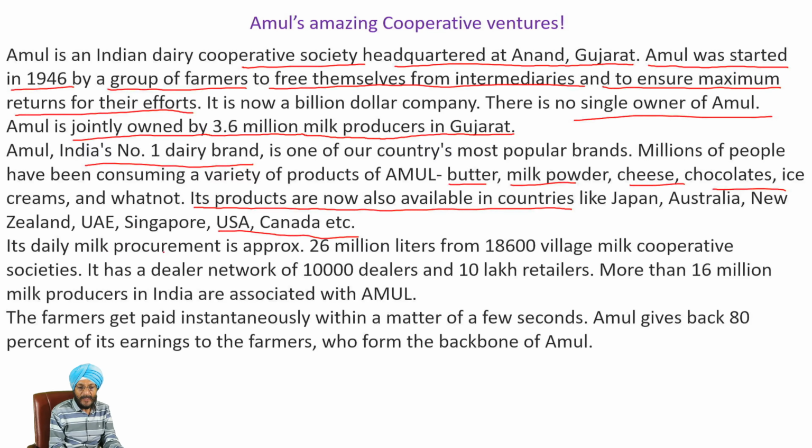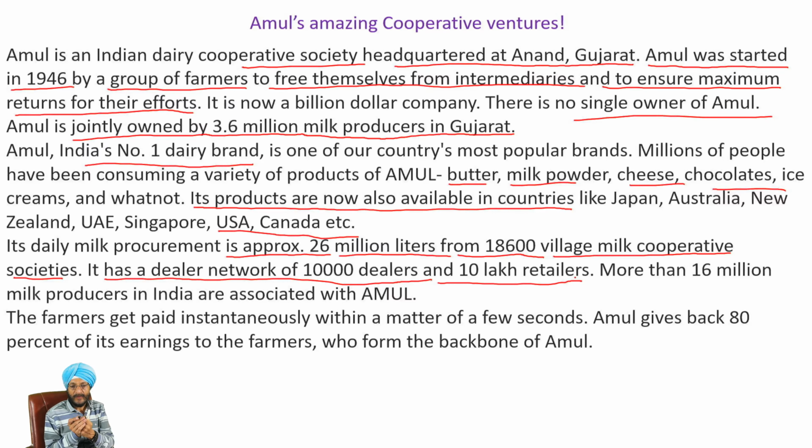Daily milk procurement of Amul is approximately 26 million liters, and that too from about 18,600 village milk cooperative societies. Amul now has a dealer network of 10,000 dealers, and about 10 lakh retailers sell the products of Amul.